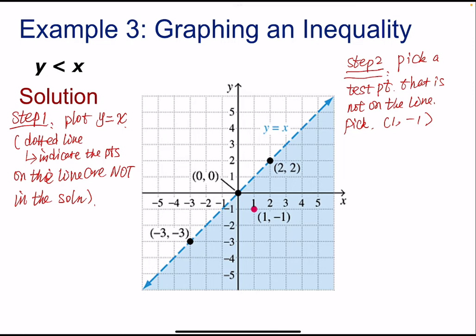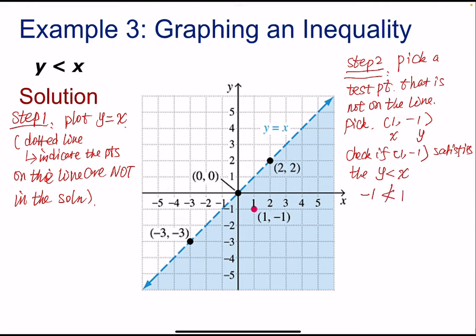Okay, so in this case, 1, -1 is below the line, right? So that means x equal to 1, y equal to -1. Okay, so now let's check if 1, -1 satisfies the inequality y less than x, where y is -1, x is 1.